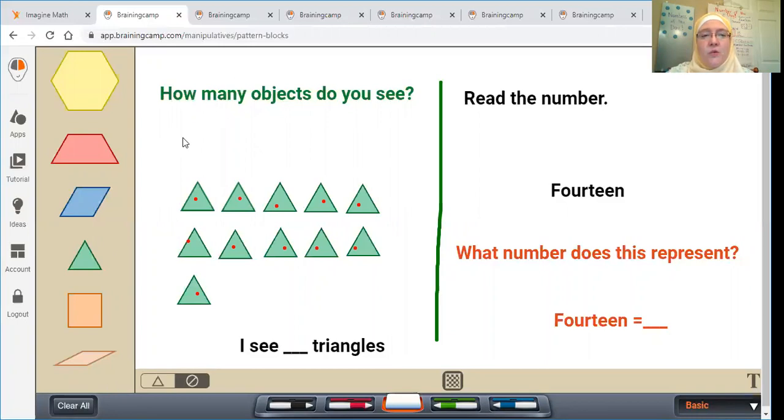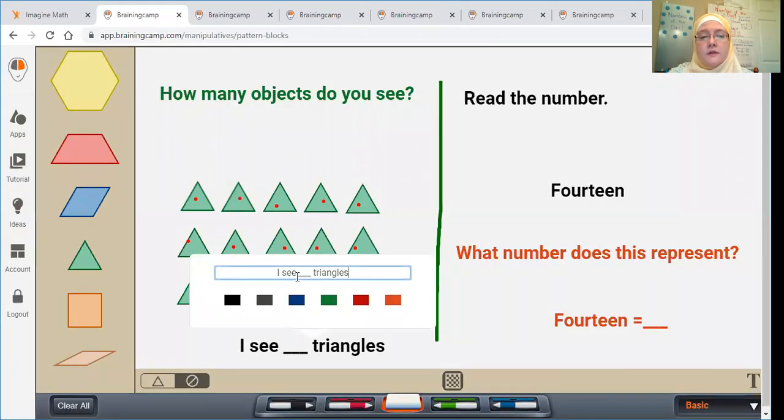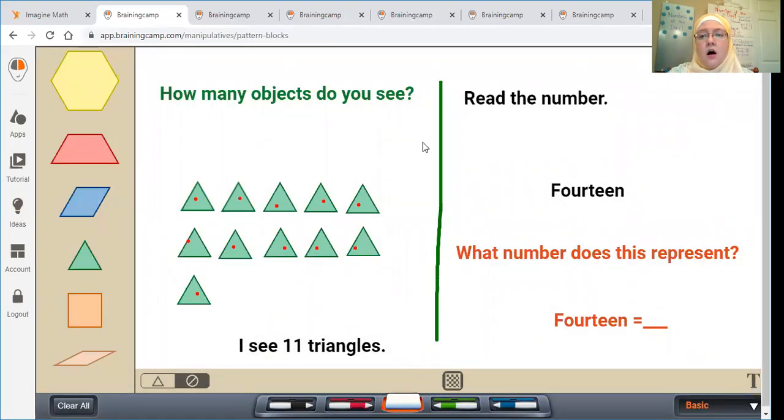So they asked us a sentence problem, so we're going to answer it in a sentence. I see 11 triangles. Let's go ahead and put 11 in there. I see 11 triangles. All right, so that's objects.